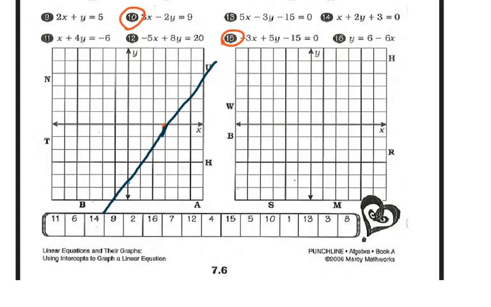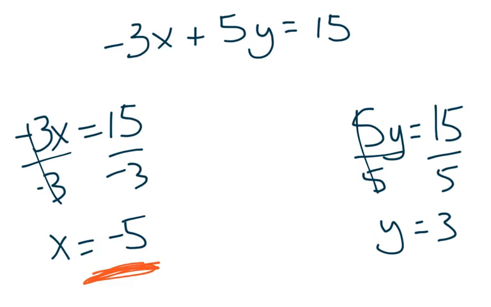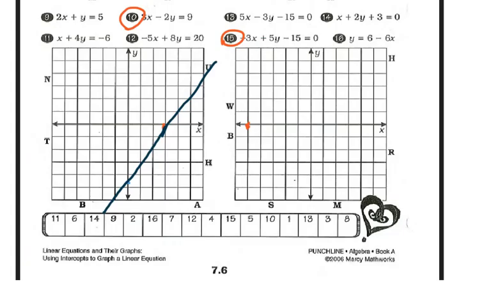So -5 looks like 1, 2, 3, 4, 5. So put a big dot there. And then the y-intercept was +3. So we're going to go up 3. So 1, 2, 3. And there's our 2 points.